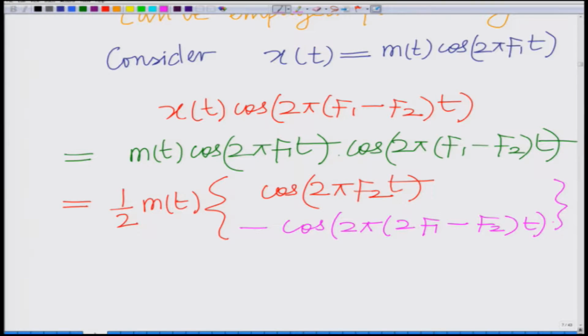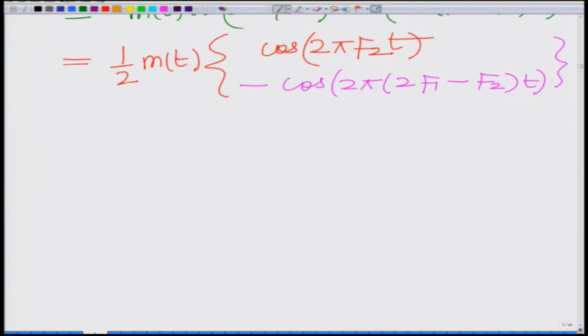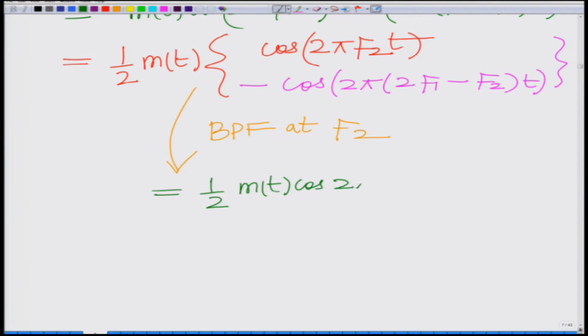Okay. And once again, if you band pass filter at center frequency f2, this will yield half m(t) cosine 2 pi f2 t.